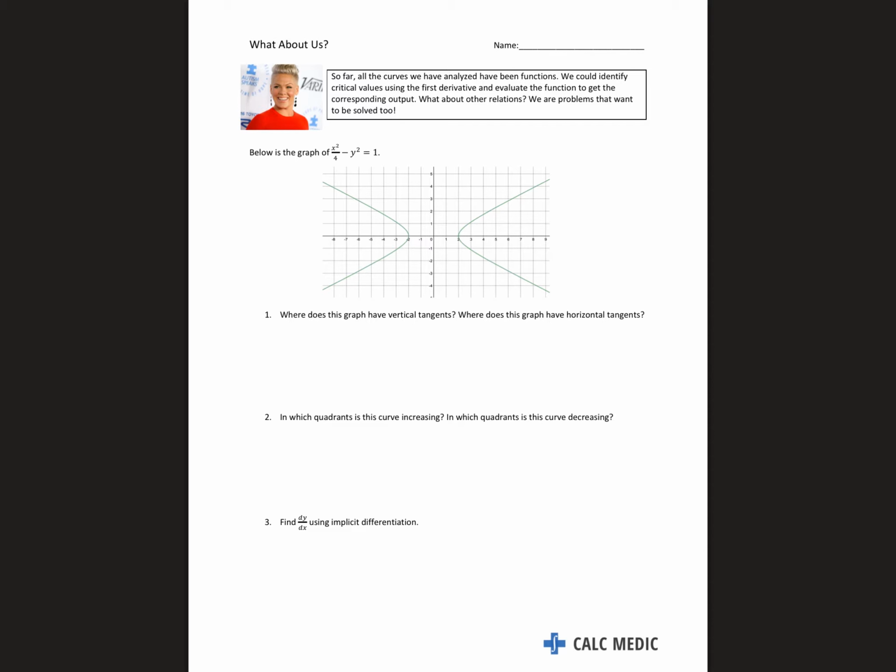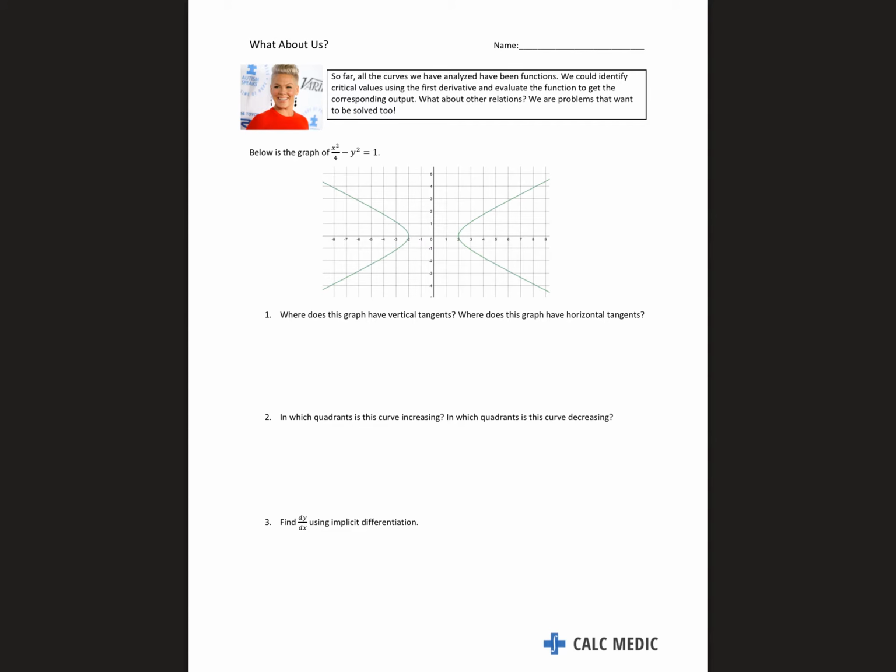Let's see, so I'm starting with the top. What about us? So far, all the curves we have analyzed have been functions. We could identify critical values using the first derivative and evaluate the function to get the corresponding output. What about other relations? We have problems that want to be solved too.